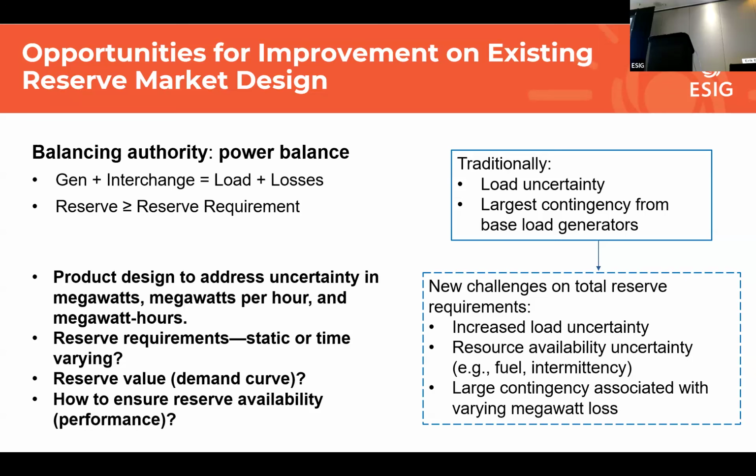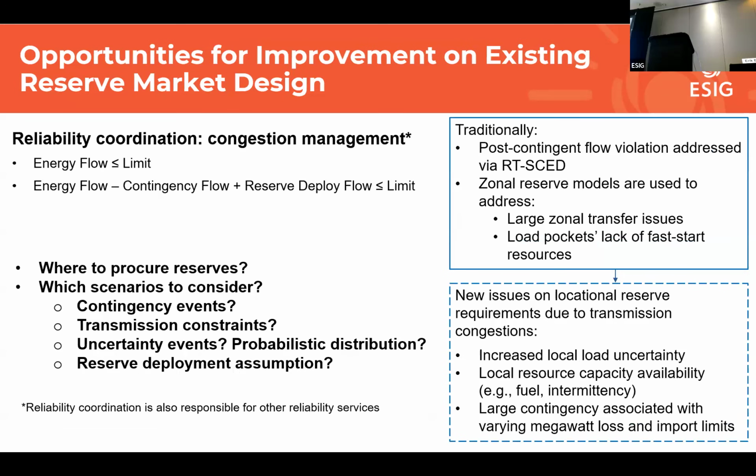And then in terms of location, in this large system, normally you don't see a system-wide emergency very often. In most cases, it's regional or sub-regional. So the issue is how can you identify the right transmission constraint and then clear reserve at the right location.